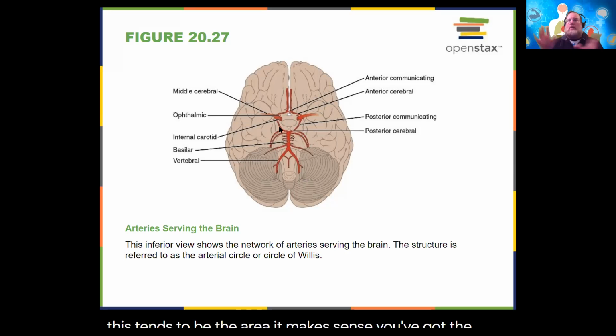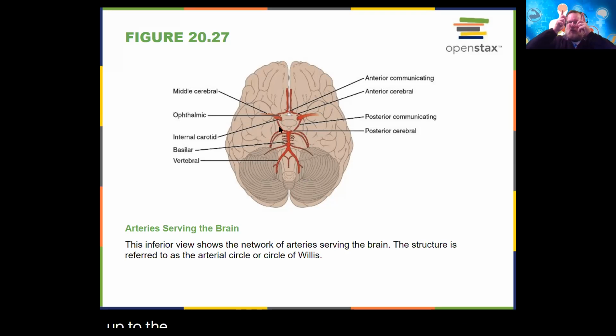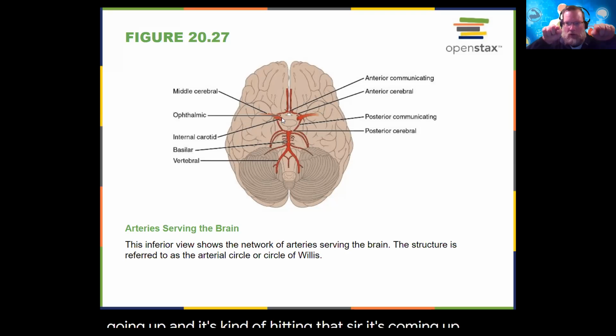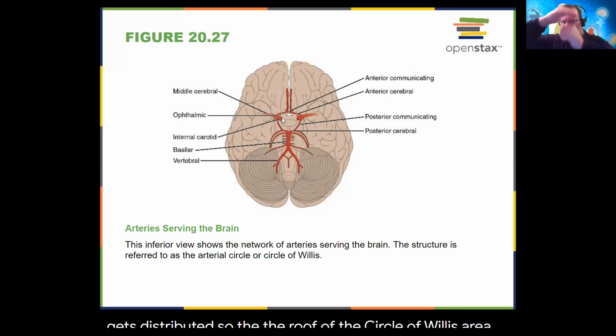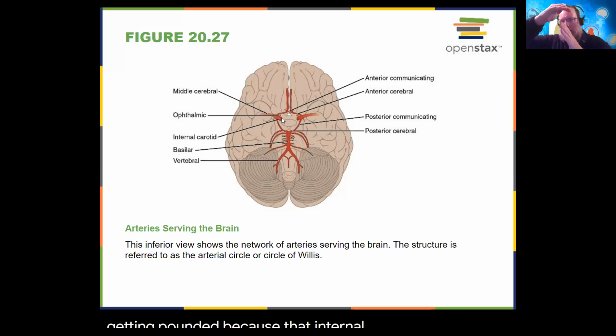You've got the heart pumping really hard, shooting blood right up to the brain, and again, where that blood's going up, it's hitting that circle of Willis right in this area. The artery's coming in, going up, and then the blood gets distributed. So the roof of the circle of Willis area is getting pounded as that internal carotid comes up and distributes.